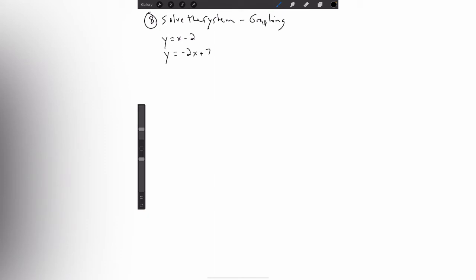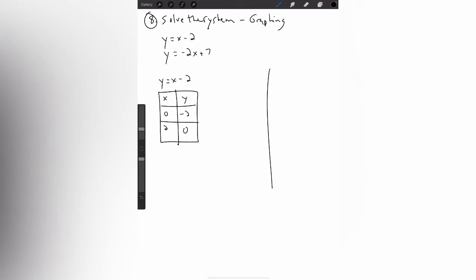So, if you're going to graph, right, y equals x minus 2. Now we're back to equations. We only need 2 points, right? So if we create our table, and I just choose 0, and I'll choose 2 as well. Okay, so 0 minus 2 is -2. 2 minus 2 is 0. And if I'm going to be graphing, I'll make this nice and big.